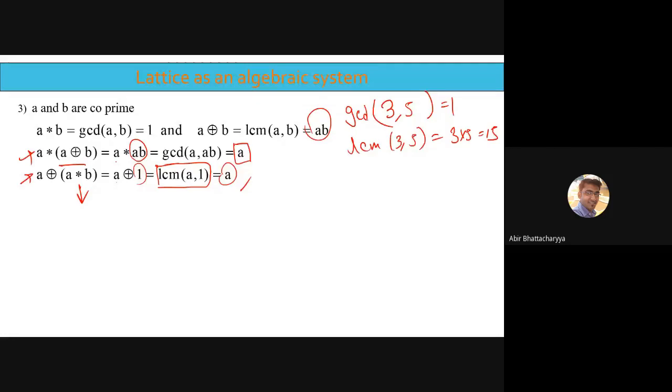Finally, the last case. The last case is where the common factor is m. A and B are not mutually prime, neither A divides B nor B divides A, and they have some common factor m other than 1. Let us say the common factor is 2. As an example, take 4 and 6.